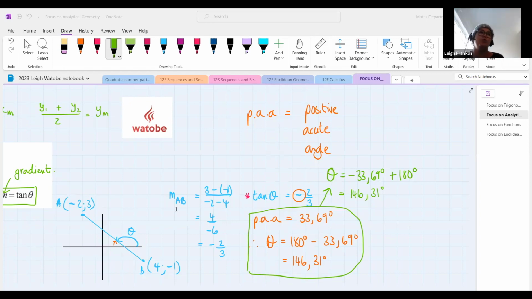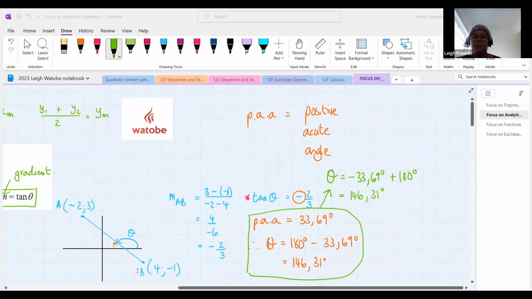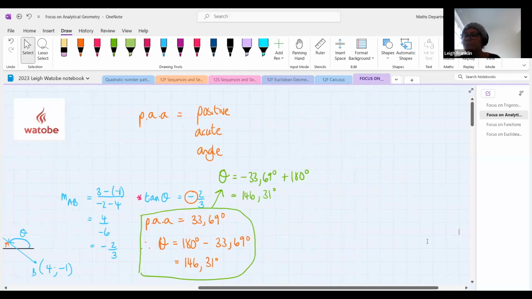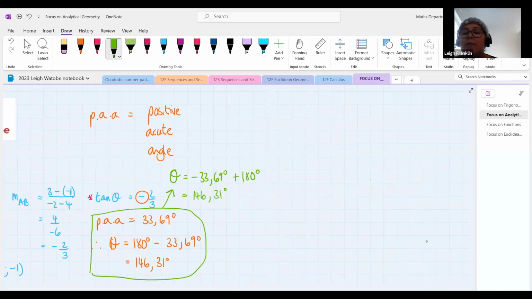Yes and no, Shantae, because if you think about it, if you are working with a trig equation, and let's say we're working with sine theta. If I said to you that sine theta was equal to 2/3, and I say solve for theta, you're going to have two solutions.